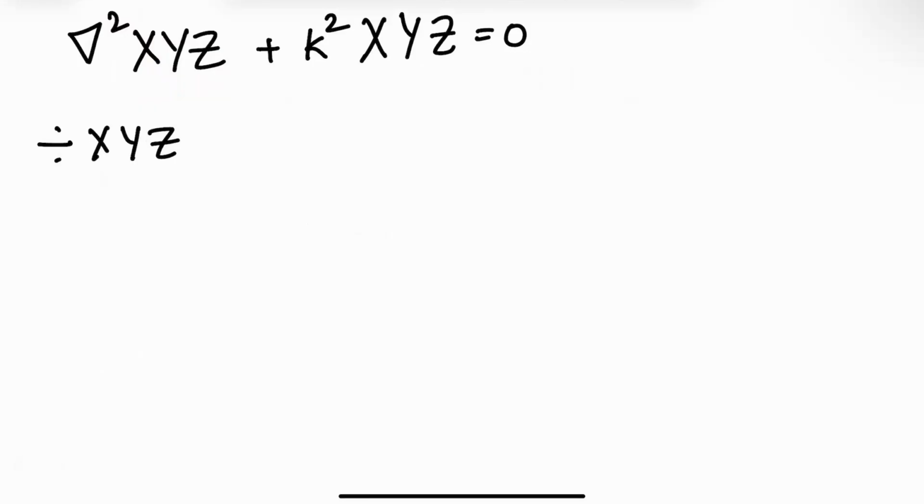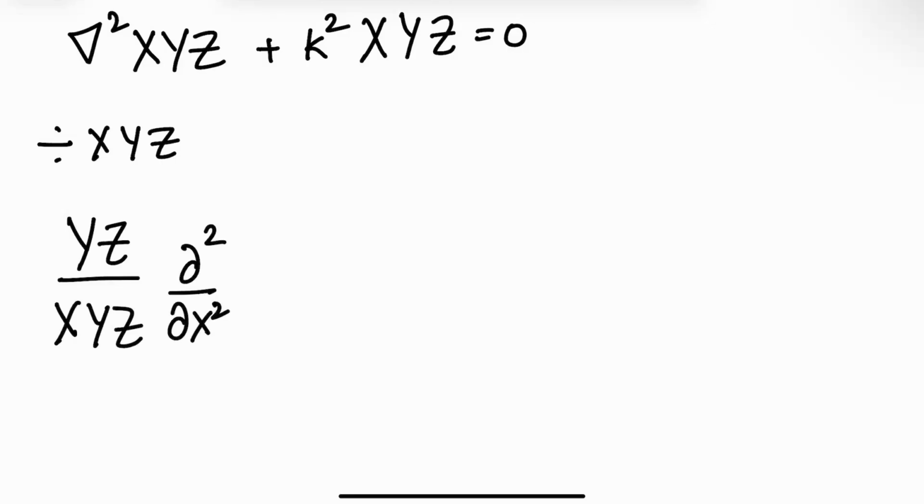Right, so essentially you will get something like yz divided by xyz, and the Laplacian of x is nothing but d square over dx square of X, right? So I'll write it out: yz over xyz, d square over dx square. So this should be little x, d square over dx square of capital X, right?